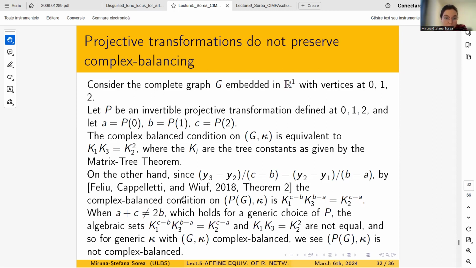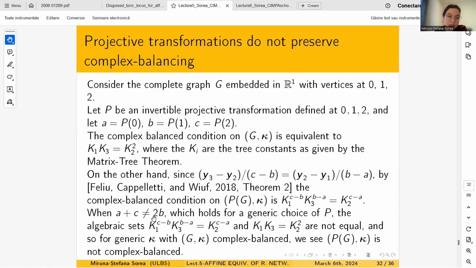And you see that generally, for the generic case, the two algebraic sets, the toric locus for P of G and the one for G, are not equal when we don't have this equality A plus C equals 2B.